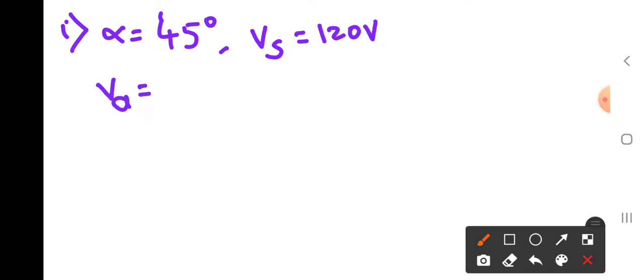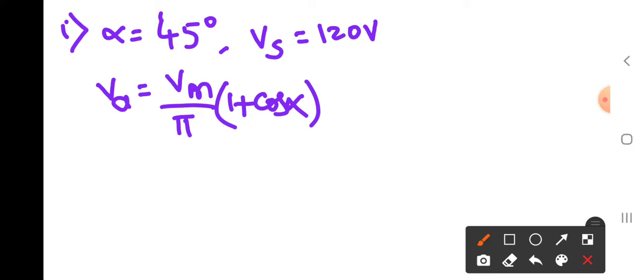VA is equal to Vm by pi into 1 plus cos alpha, as it is a single phase half controlled converter. If it were a full controlled converter, we would use 2 Vm by pi into cos alpha.